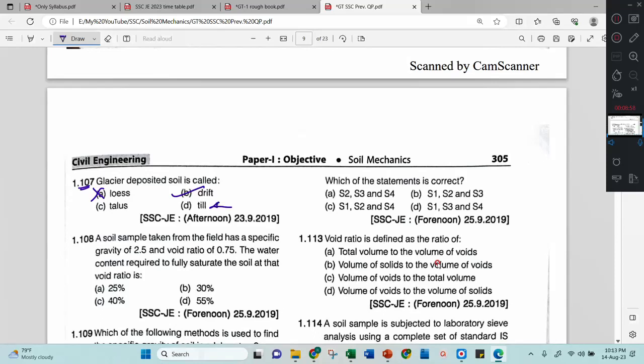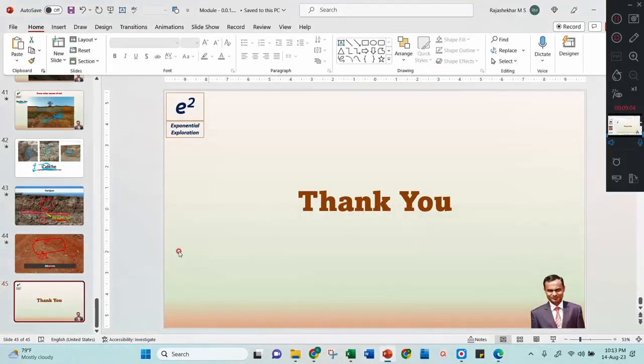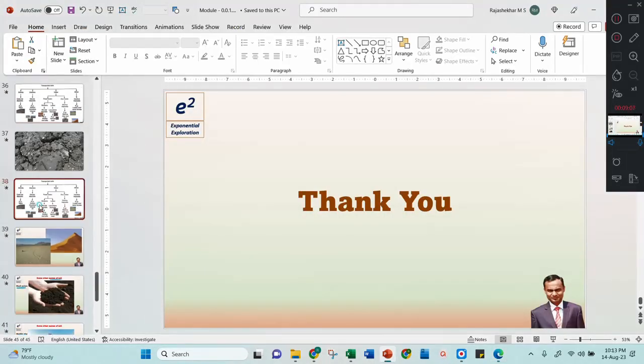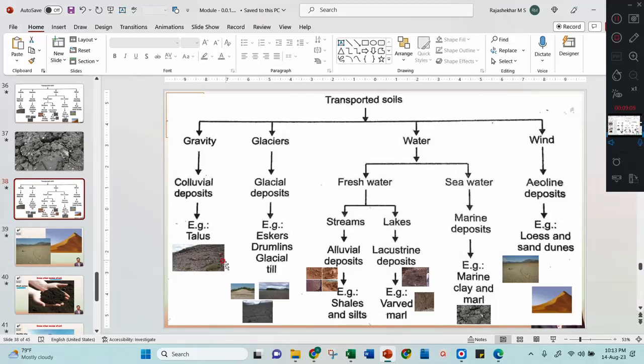Till is an example for colluvial soil. Correct? Am I right? No, sir. Till only, sir. Till is a glacier deposit. Talus is a colluvial. Drift is, but drift is also there.